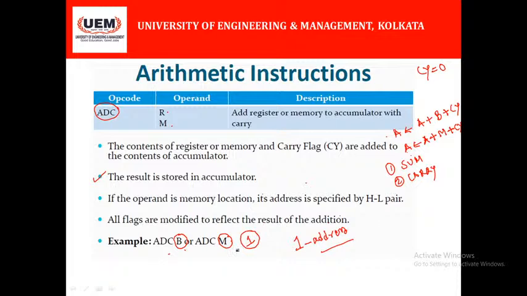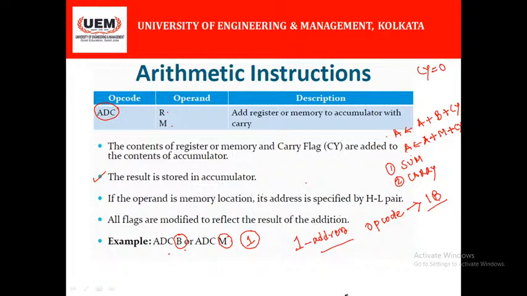In case of ADC we require only the opcode to inform that we want to perform the ADC instruction. To represent the opcode we require 1 byte, so ADC is a 1 byte instruction.